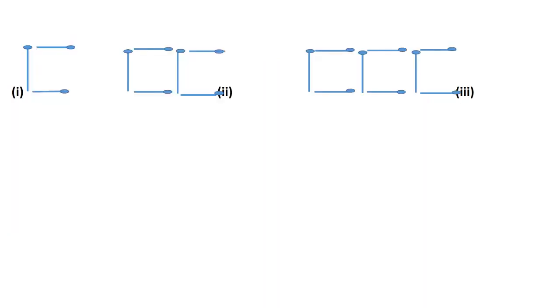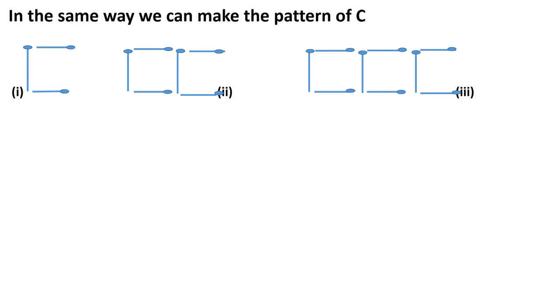I am giving you one more example. See, this is the pattern of C. In the same way, we can make the pattern of C. In the first figure, I have made 1C. In the second figure, 2C. In the third figure, 3C.